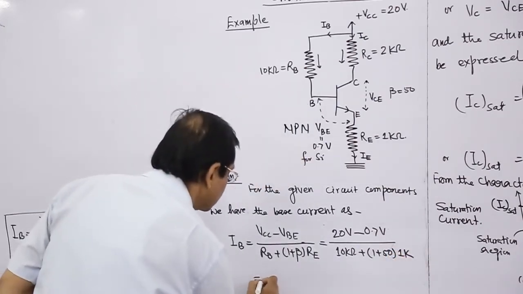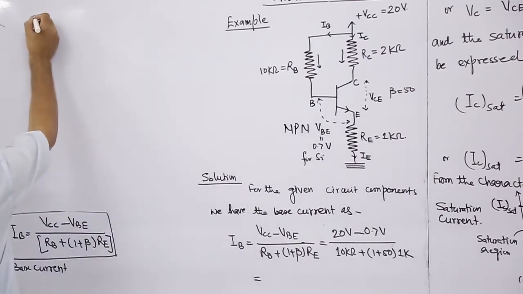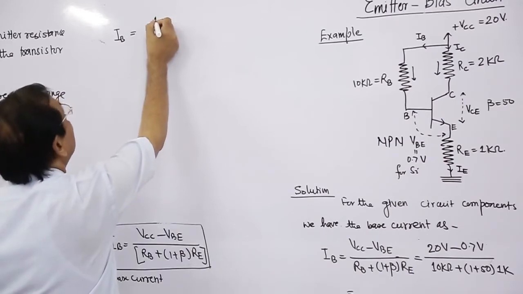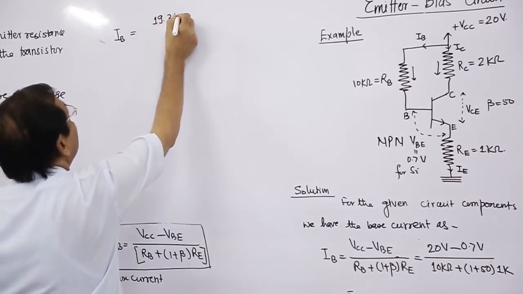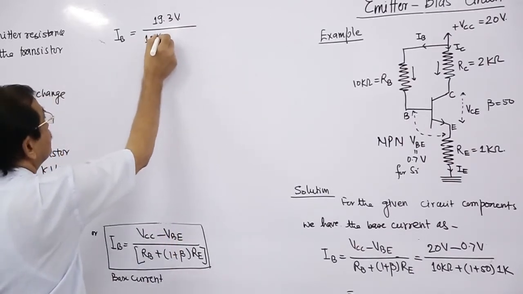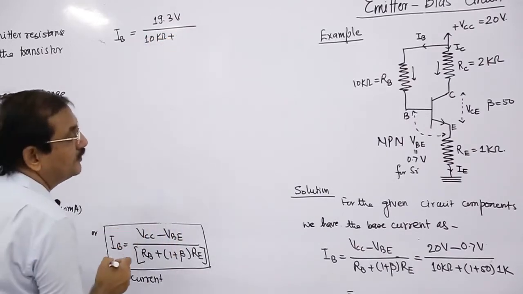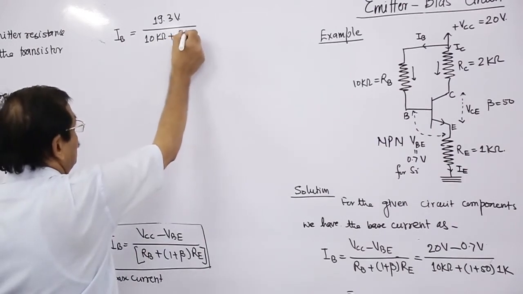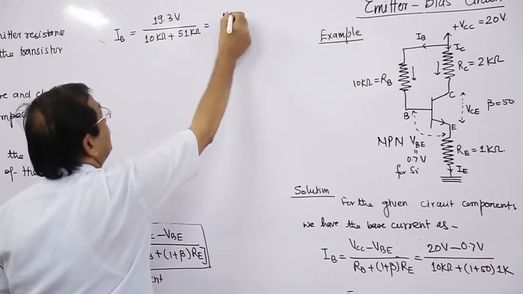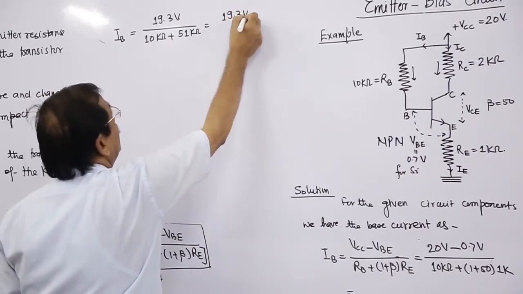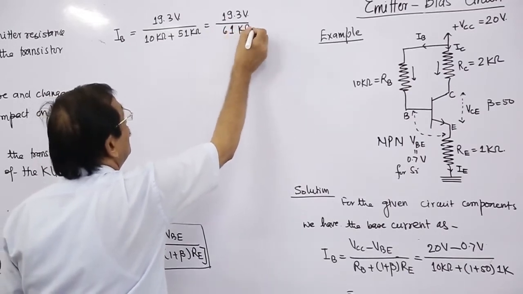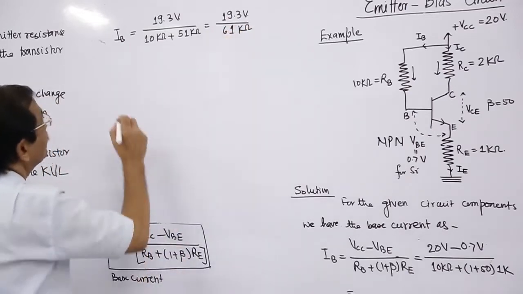So, this value is IB. IB is 19.3 volt upon 10 kilo plus 51 kilo, so this is 19.3 volt upon 61 kilo ohm.